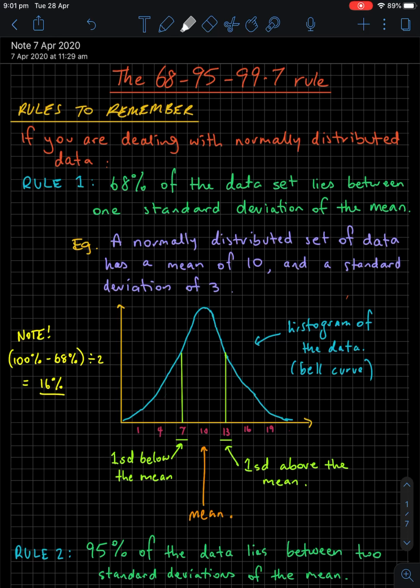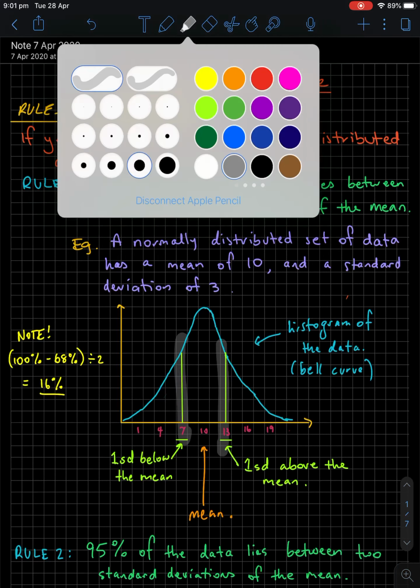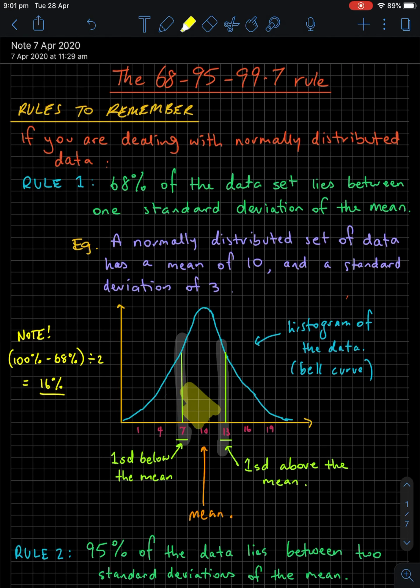Okay, so using that, we want to use this rule. 68% of data lies within one standard deviation of the mean. So what I want to do is go up and down by just one standard deviation, one lot of 3. So I get to 7 and 13. In between these numbers 7 and 13, in this area here, lies 68% of my data set.